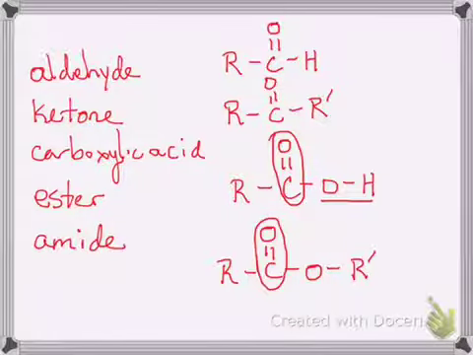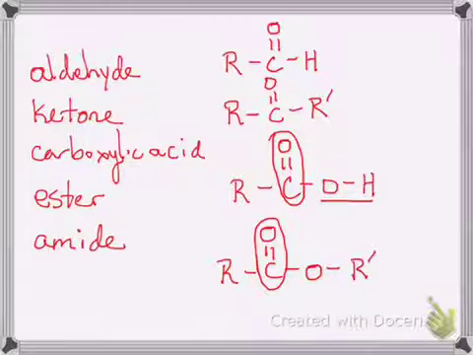So when you see that carbonyl group, you know it's one of these five. An oxygen is next, but in a carboxylic acid the next atom is a hydroxyl group, while in an ester it's another carbon chain. On all of these, you have an R group on one side. The other side of the carbonyl group is what distinguishes which of the families it is.